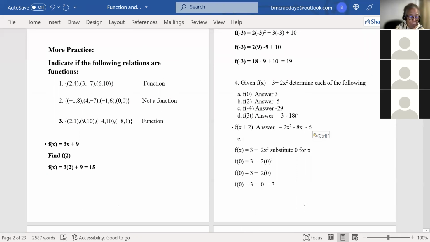So that's the answer for E. f of x plus 2, that's E. Okay.